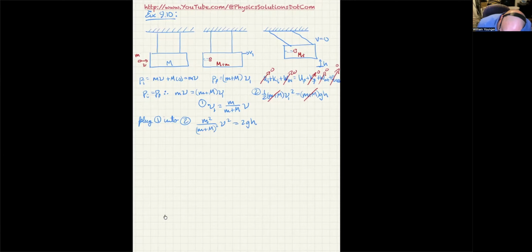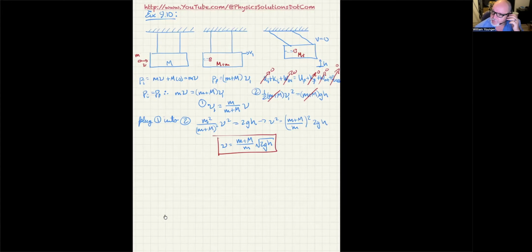Now I can say that v squared is equal to ((m plus M) over m) quantity squared times 2gh. And that's what we really want, an expression for v. So we're finally able to say that the muzzle velocity, the velocity that the bullet had just before it hit the block, is in fact equal to (m plus M) over little m times the square root of 2gh. And that's the expression we were looking for.